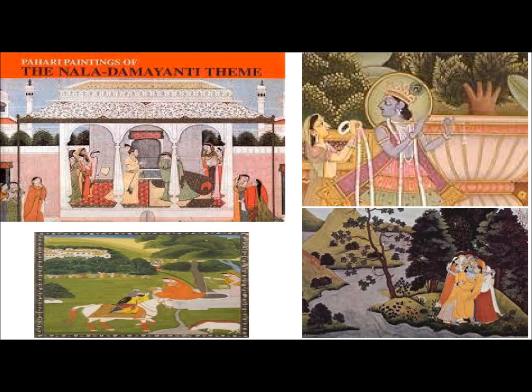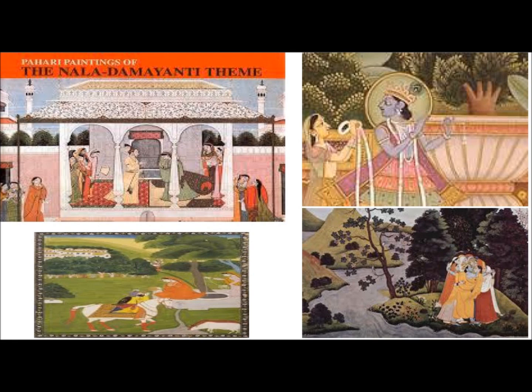Then another theme is Devi series. Devi means different forms of Devi, and it is a prominent theme of Pahari painting. Another most prominent character of Pahari painting is Naika Bheda, which means representation of a romantic heroine depending on her mood.